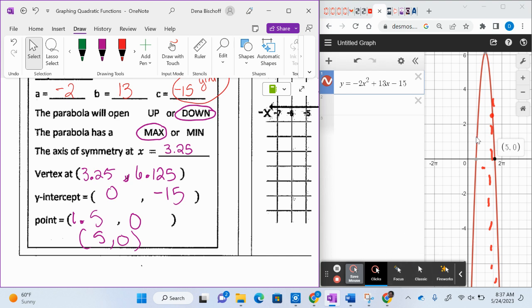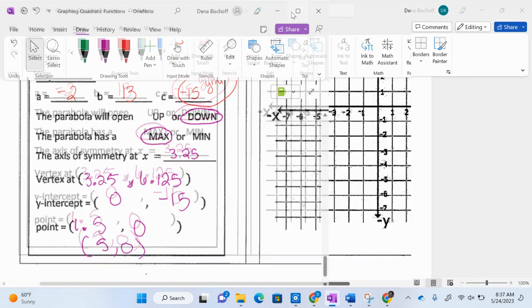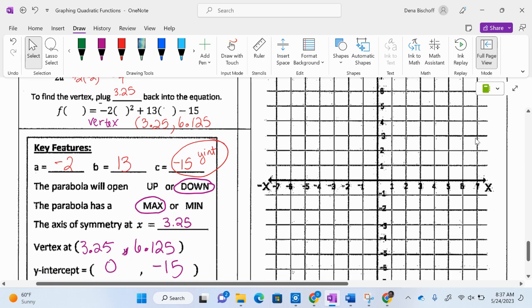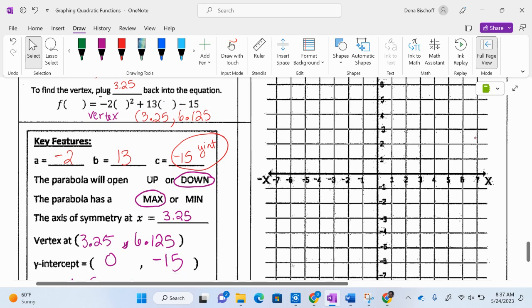Okay. So I'm just going to graph these points and make my graph. I've got everything that I need to know. So I'm going to get rid of this guy, make this big again. So let's see. We set our y-intercept and our vertex is 3.25. So 3.25, 6.125. So it's going to be about right here. That is where my vertex lives, right in that little tiny corner.